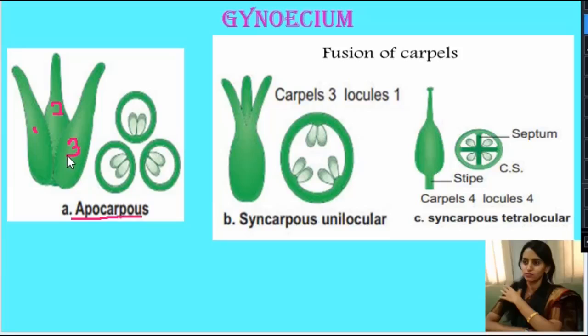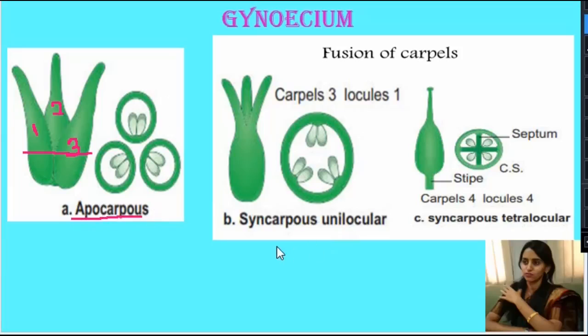So these 3 carpels are free. When you take a transverse section of these carpels, you can observe 3 locules and they are not fused here. So this condition is known as apocarpous.